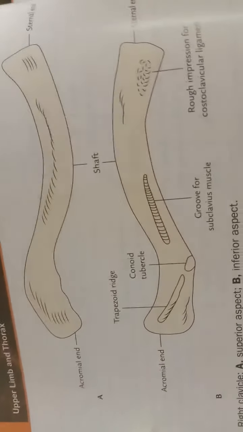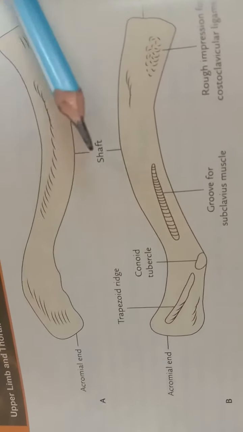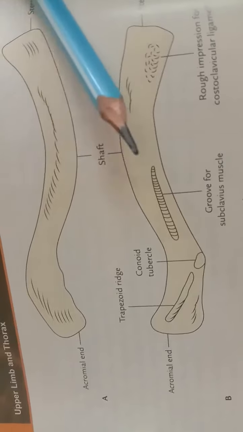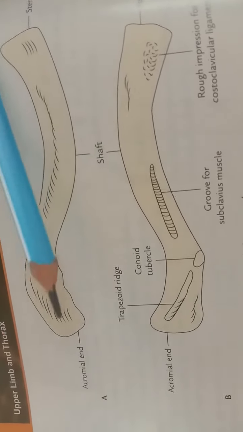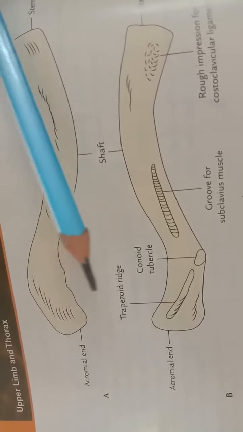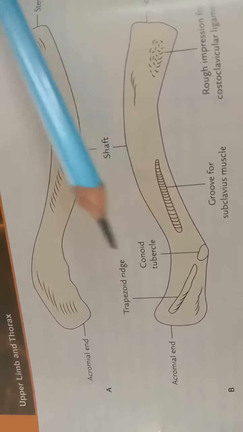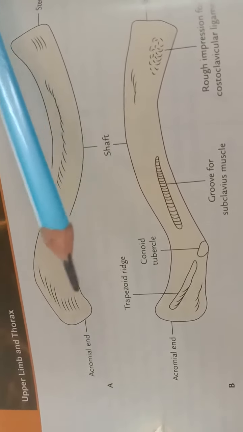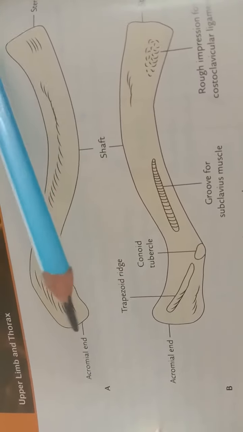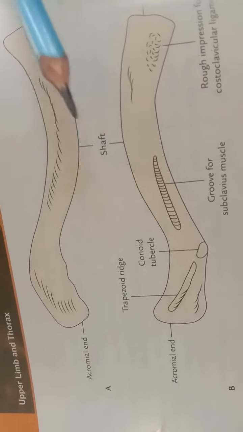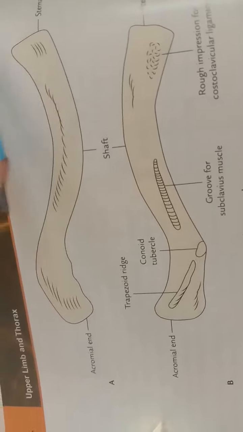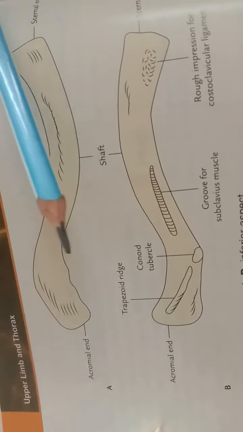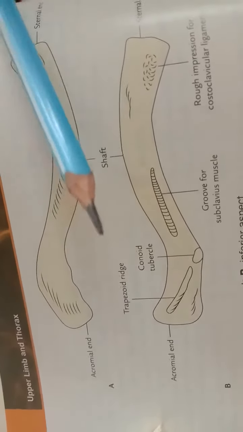Third, in females the lateral end of the clavicle is a little below the medial end, and in males the lateral end is either at the same level or slightly higher than the medial end. So these are the identification signs present in the male and the female.